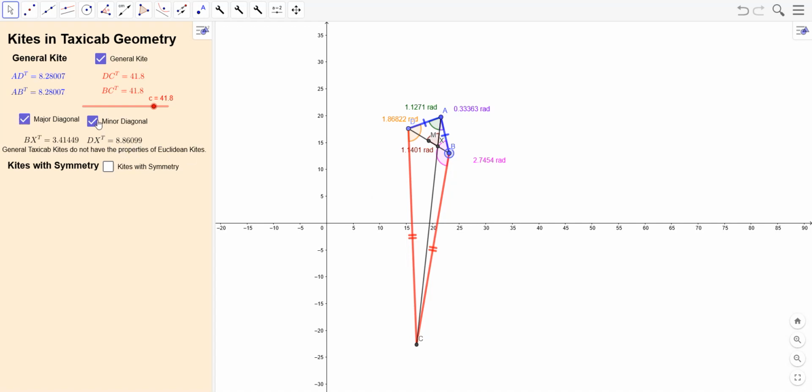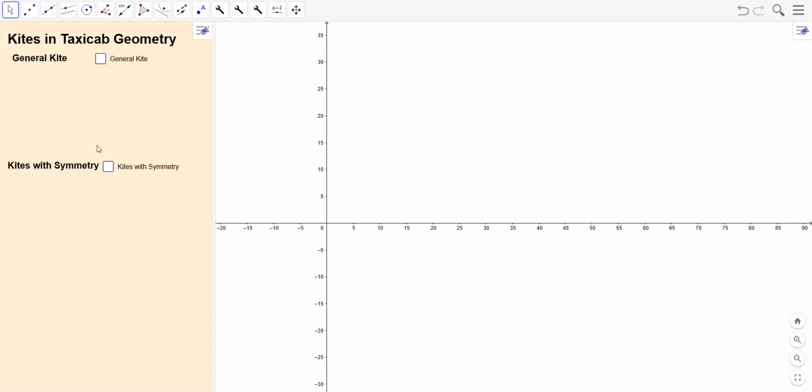Now there is a subclass of kites where it does work, and these are kites that have symmetry, but you have to be a little careful about this. The angle that the major diagonal makes with the horizontal makes a difference, and there are only certain ones that work.